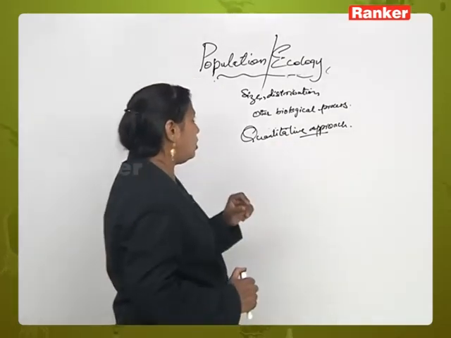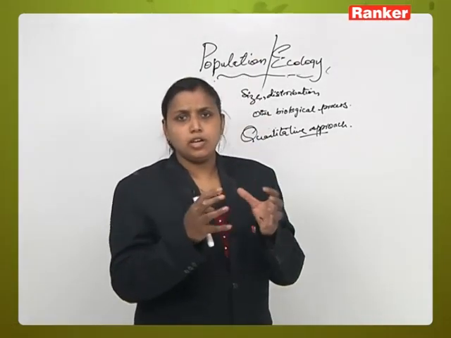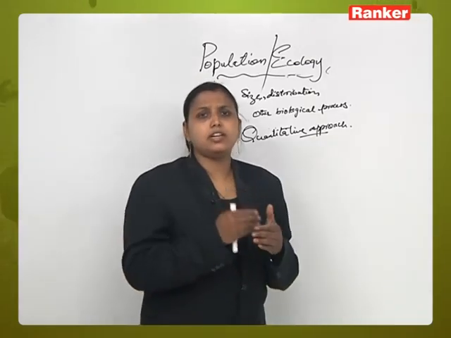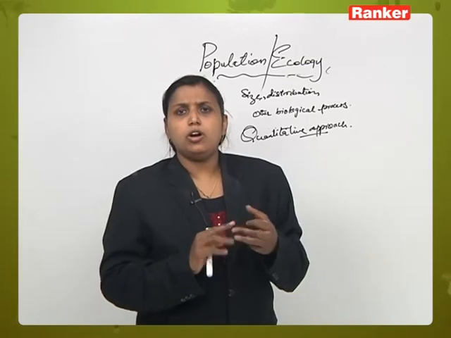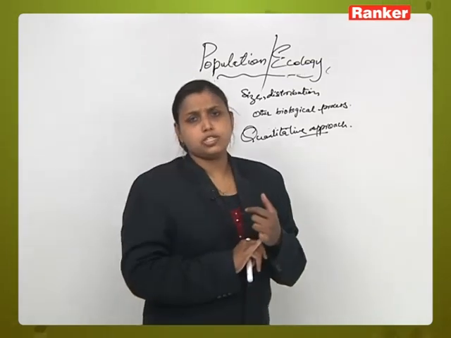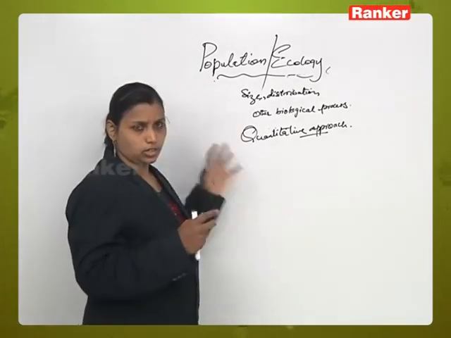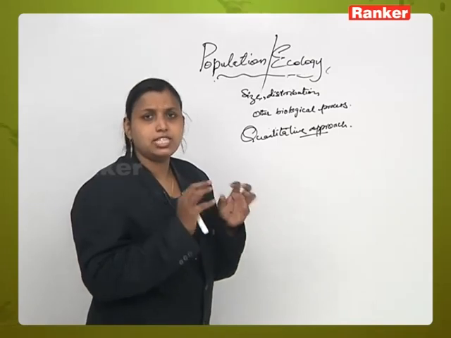Now, in population ecology, we are supposed to study a group. In groups, we take into consideration all the characters. We cannot consider the density, volume, size or age distribution of a particular individual. When we are talking in terms of population, we are talking about a group of individuals of the same species.